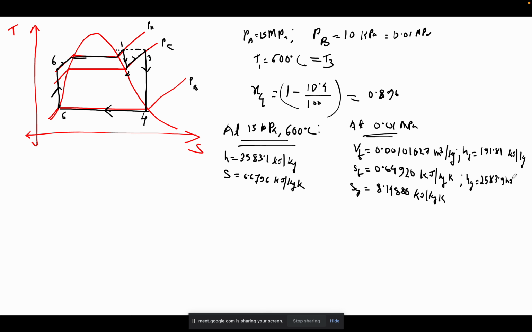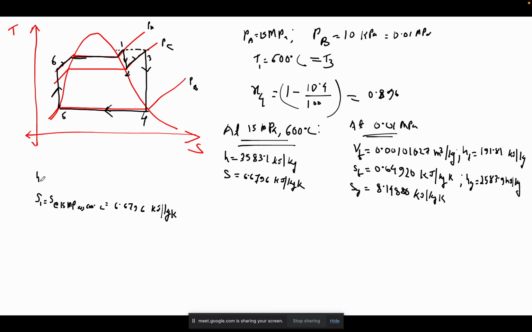Okay, so we know S1, that is nothing but S at 15 megapascal and 600 degrees Celsius, which is 6.6796 kilojoule per kg Kelvin.